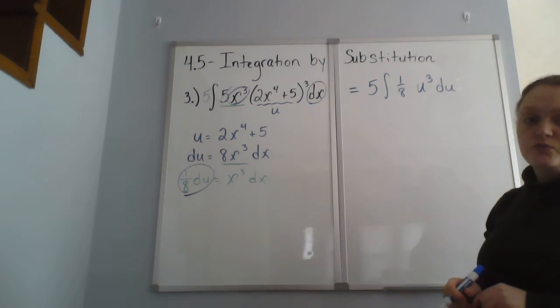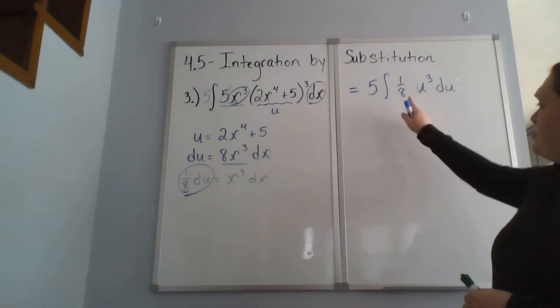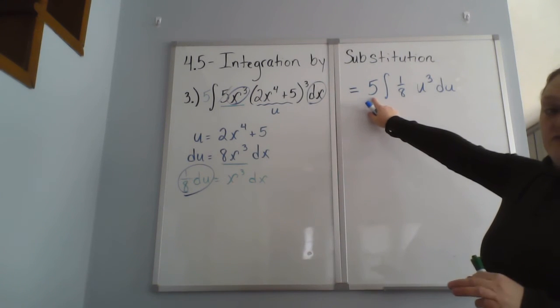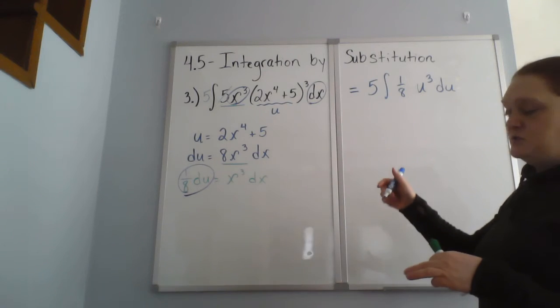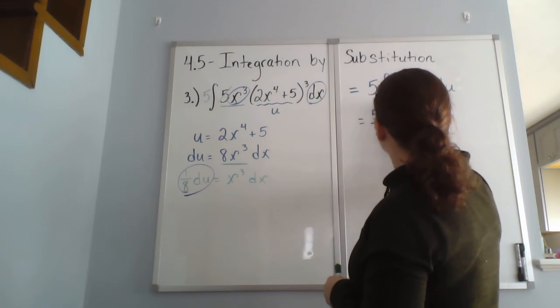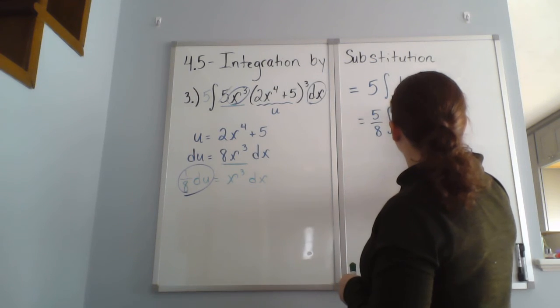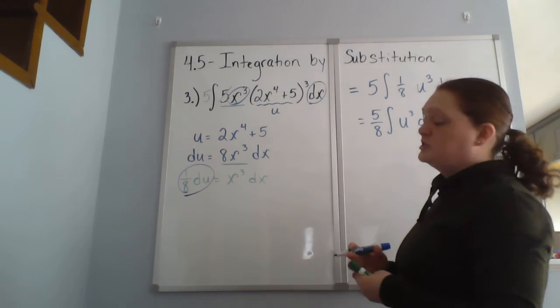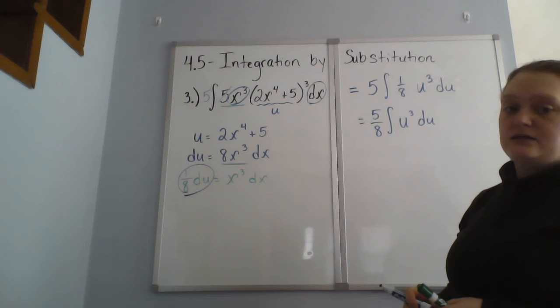Okay, so that's the rewriting piece. So I'm going to pull that 1/8 out in front with the 5 to make it one coefficient instead of two separate ones. And now I should be ready to go ahead and find my antiderivative.